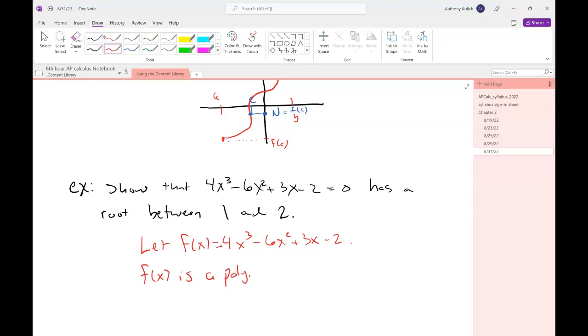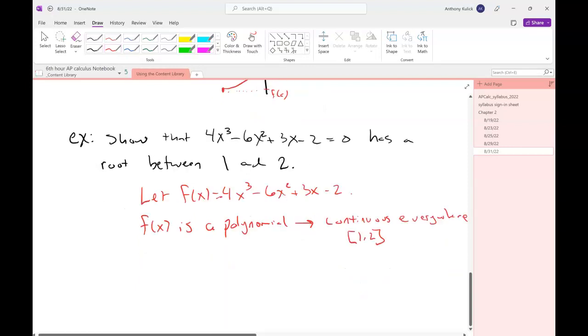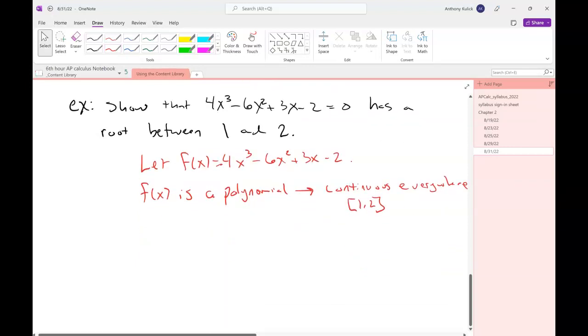It's a polynomial, which we know is continuous everywhere, certainly on the interval [1, 2]. We don't need continuity everywhere to use the intermediate value theorem. We just need it continuous on the interval in question. Everybody's cool with that? Okay. So we have that.